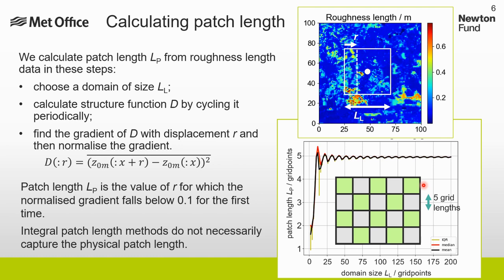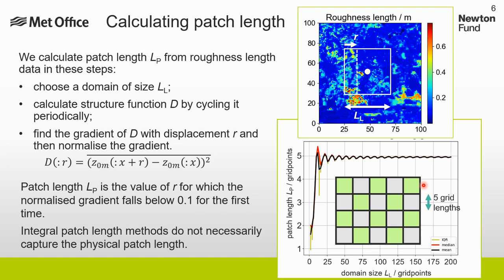If you want a bit more detail on that, I'll talk to you about it afterwards. But here's a simple test at the bottom on an idealized grid. These are checkerboard patterns of long and short roughness lengths with a 5 grid length checkerboard.